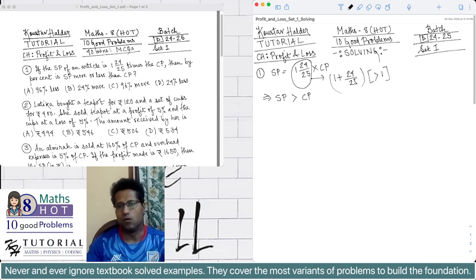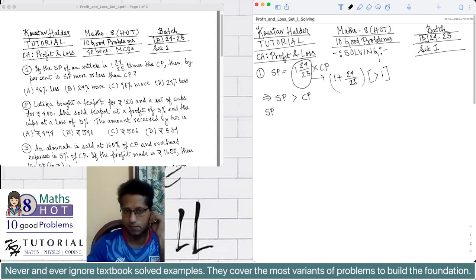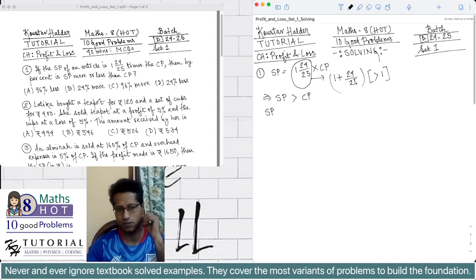Okay. Now, by how much do we have to find? We have to find by what percent SP is more or less than CP. Now, we clearly understand that SP is greater than CP. Now, let's see by how much SP is greater than CP. When it is asking by what percent SP is more or less than CP, that percent has to be based on CP.